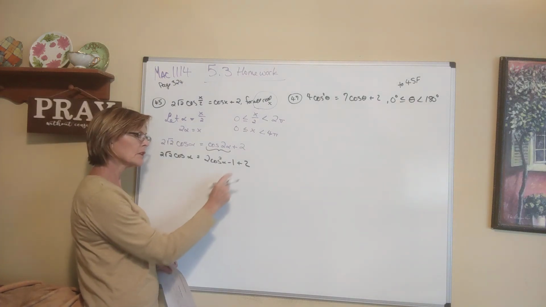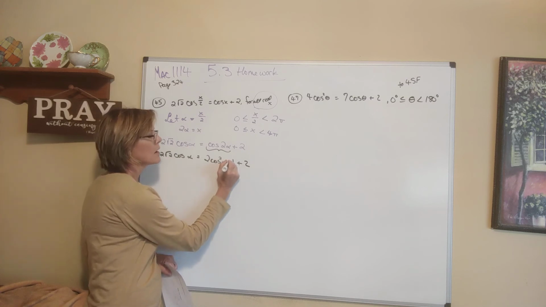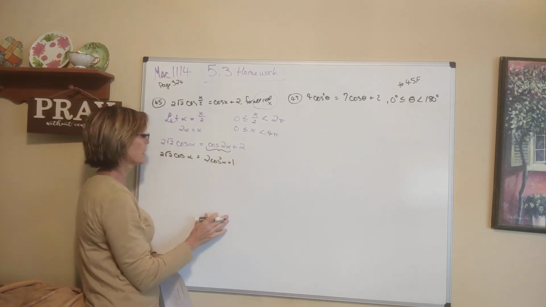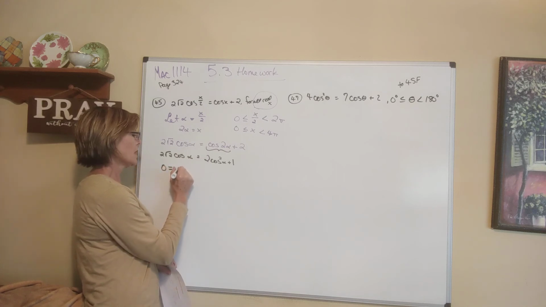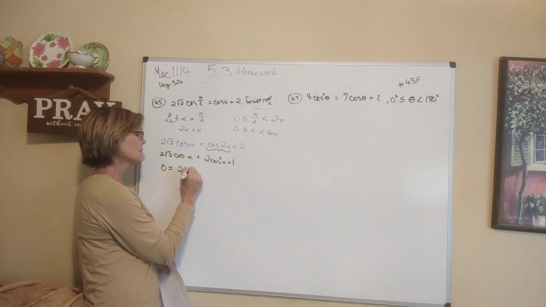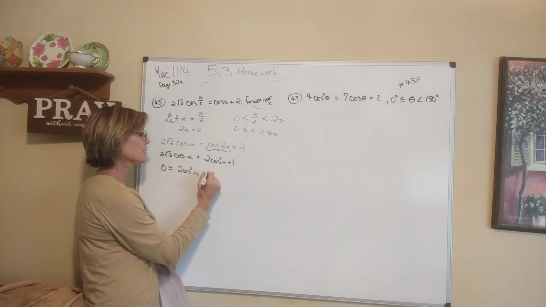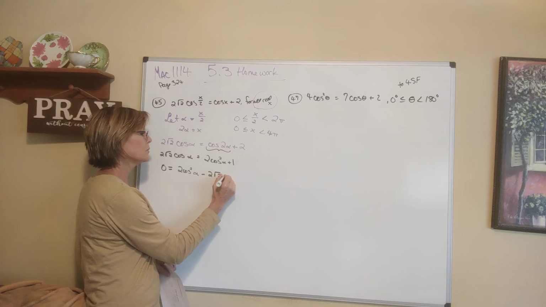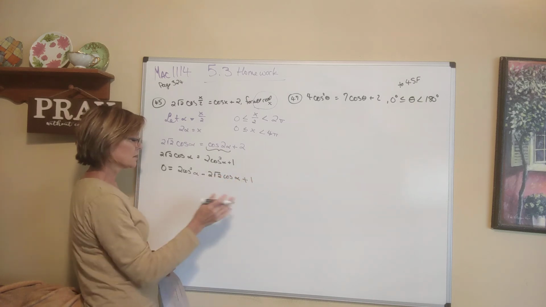First, negative 1 plus 2 is 1. Now I want a 0 on one side, so I'm going to subtract this term from both sides: 0 equals 2 cosine squared of alpha minus 2 square root of 2 cosine of alpha plus 1. This is what I get here.